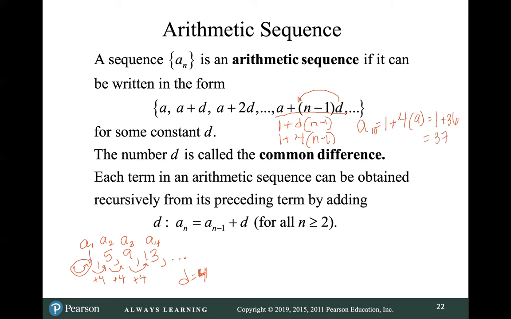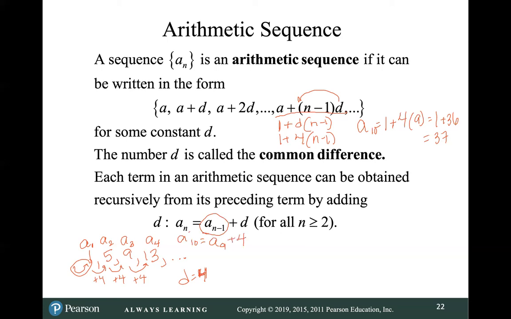Okay, that is called the explicit form. The other way that we can write this is by finding what's called its recursive form. Recursive means just based on the last number. So if I'm looking for A10, I can look at my previous number, A9, and then add my difference, plus 4.